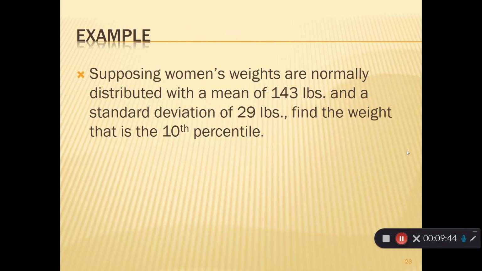All right, so suppose women's weights are normally distributed with a mean of 143 and a standard deviation of 29. So here's our 143. We want the 10th percentile, so we want the area here to be 0.10 for the 10th percentile. So I'm looking for the score that's down here, that's a question mark, that makes that a 10%. So we go to our calculator.